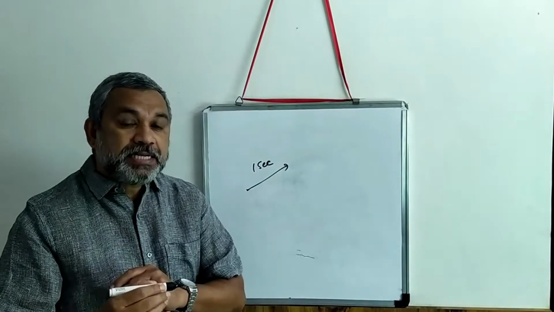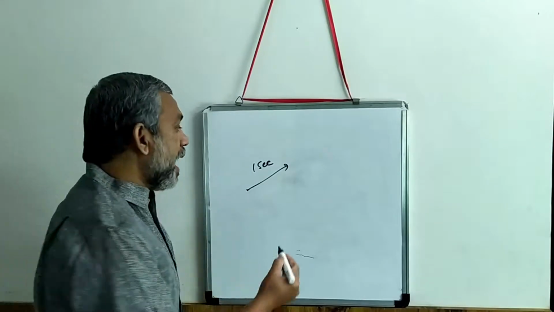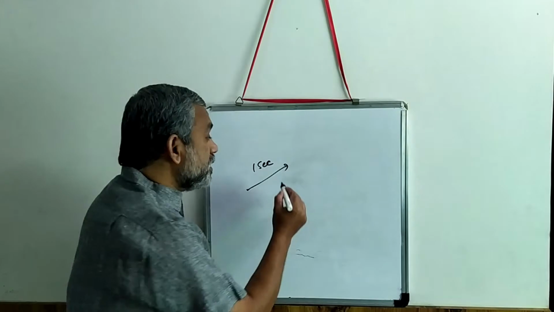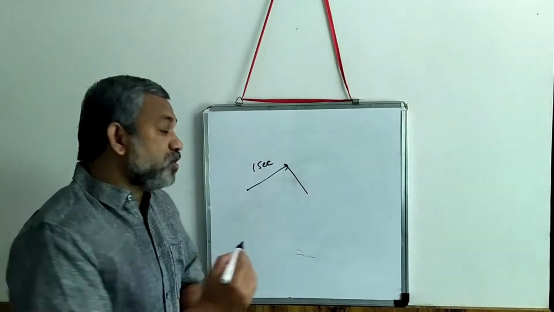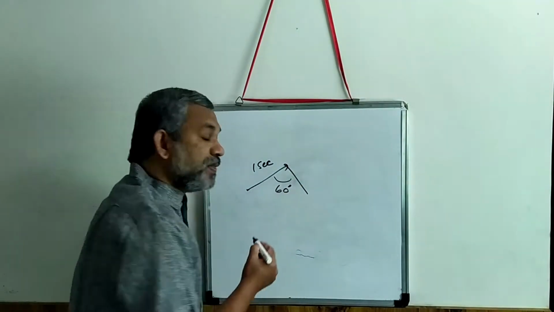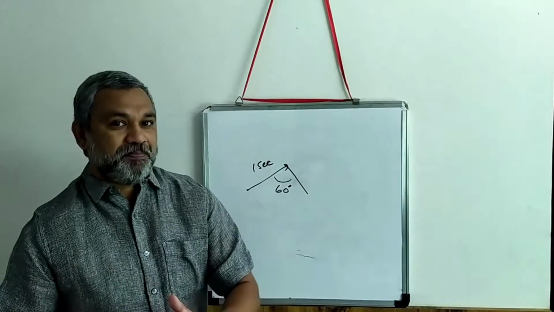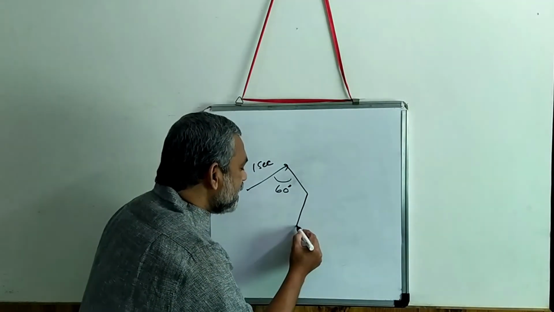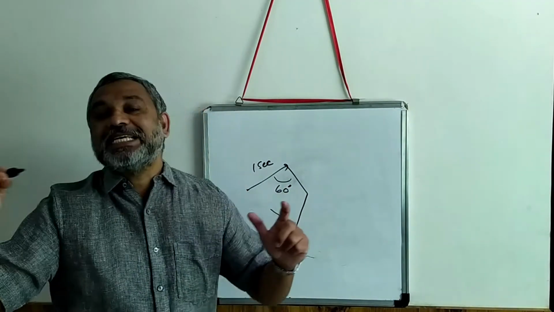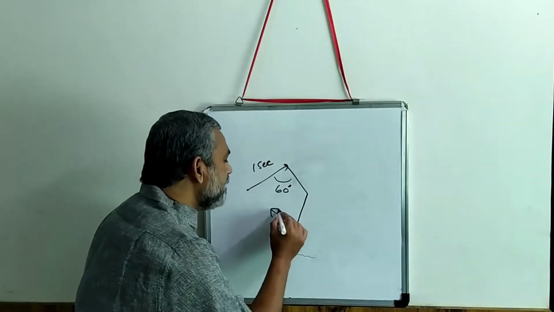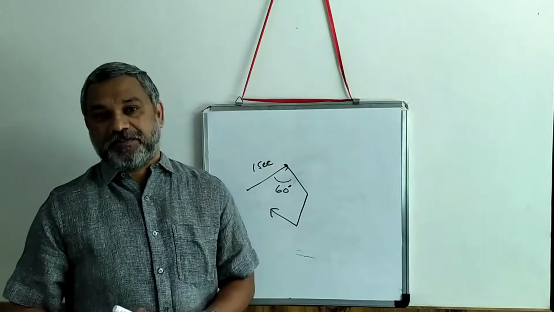Bacteria will swim for about 1 second in a straight line. After that, it will tumble, rotate and take a diversion of about 60 degrees, and swim again. This way it keeps on moving in a zigzag manner.